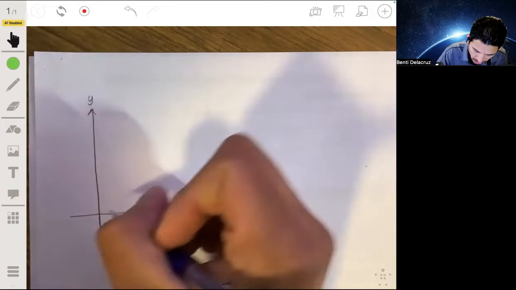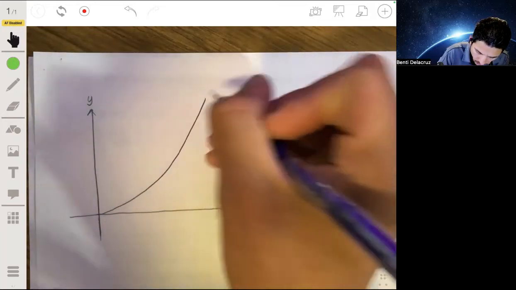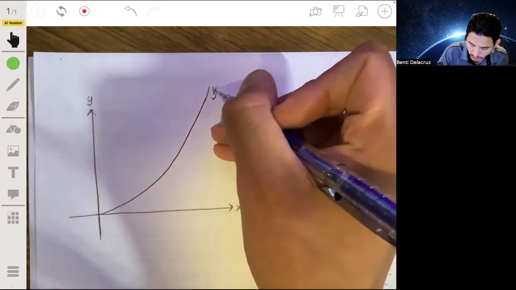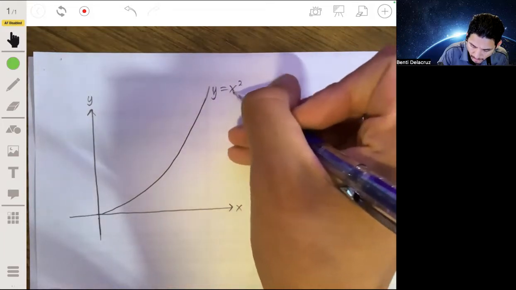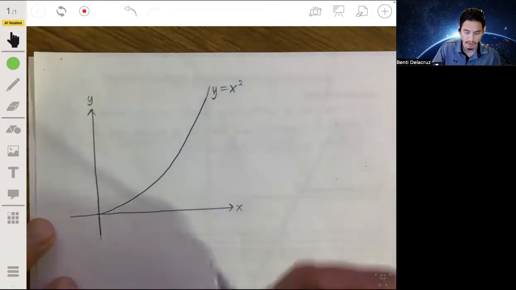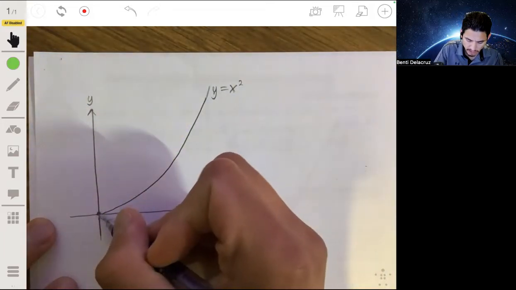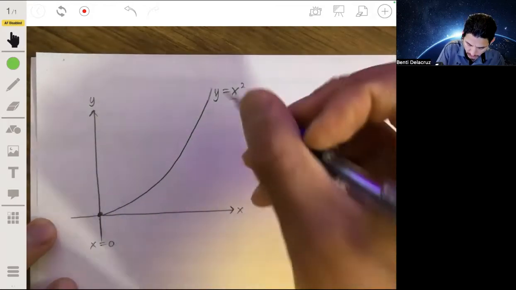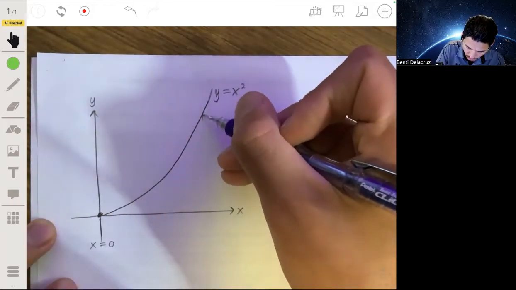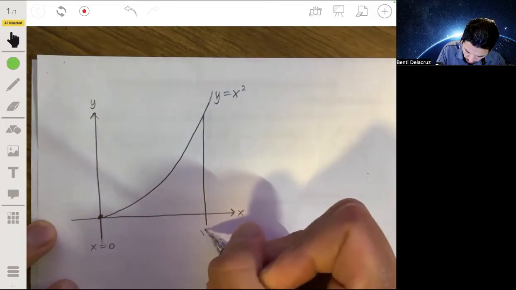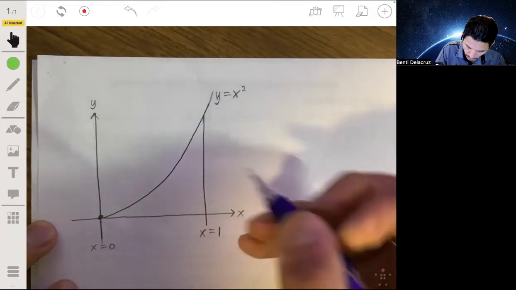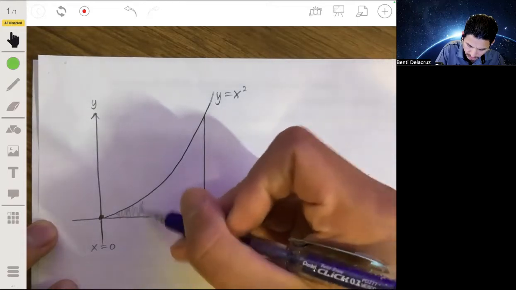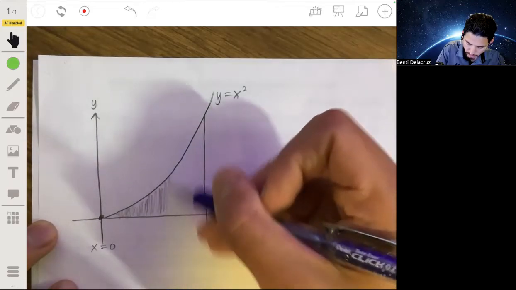Again, we have a parabola, not drawn to scale, but I'm doing my best, with the equation x squared. And we're looking from the origin, from x equals 0 to x equals 1. We're trying to find, again, an approximation for this area shaded here, roughly speaking.